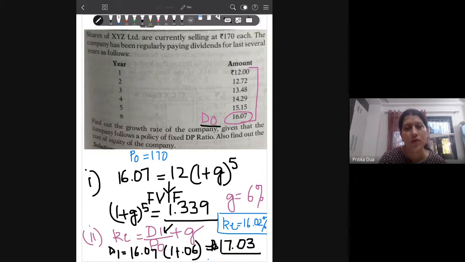What we surely know after solving is that there is a fixed growth in dividends. What you can assume is कि earnings भी 6% grow हो रही थी और dividend भी 6% grow हो रहा है.